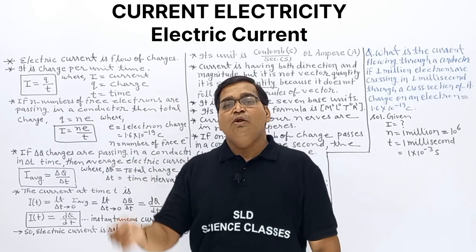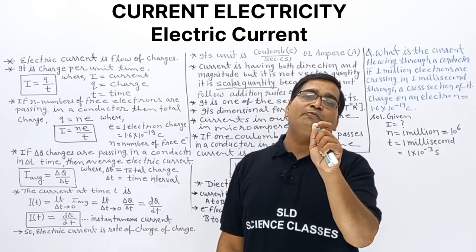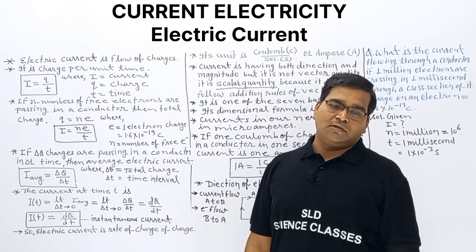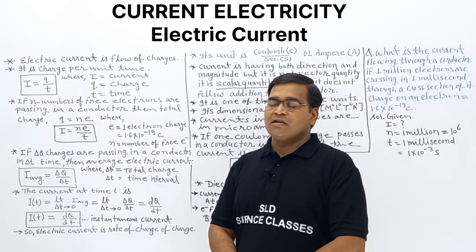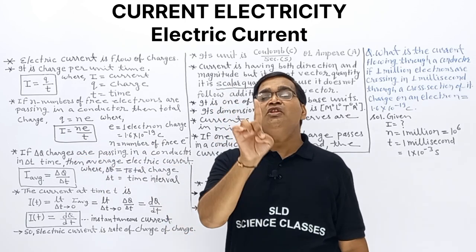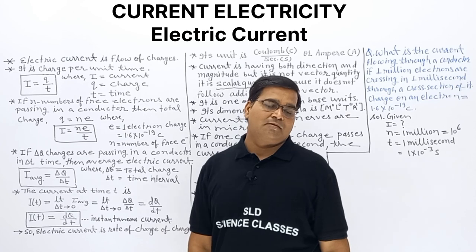Positively charged means it loses electrons. Clear? This is the basic of charge, which we'll discuss separately in the charge topic, linked to chapter number 1. Now we want average electric current and instantaneous current.